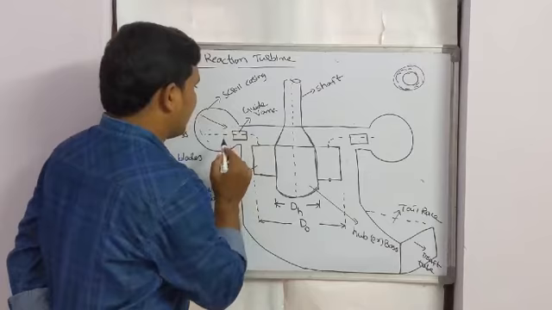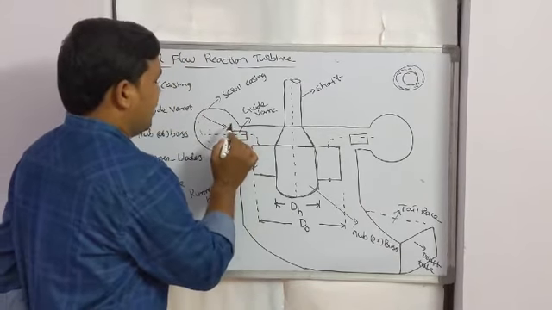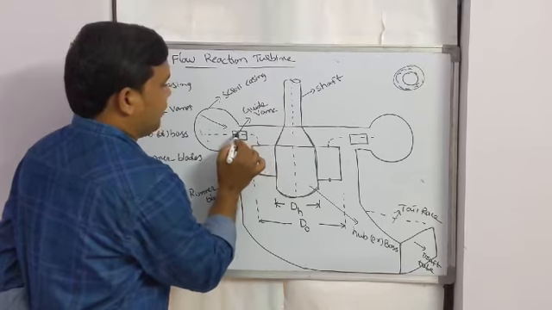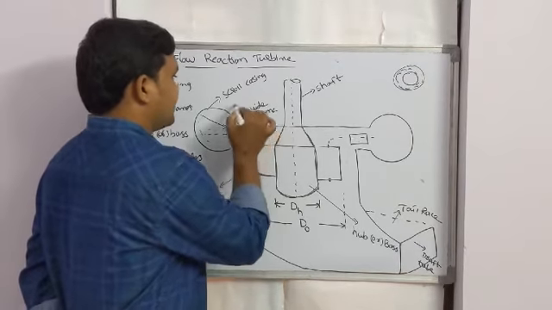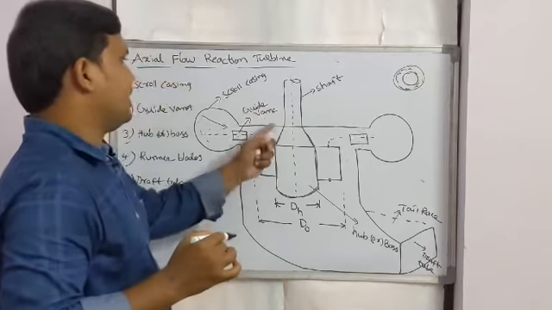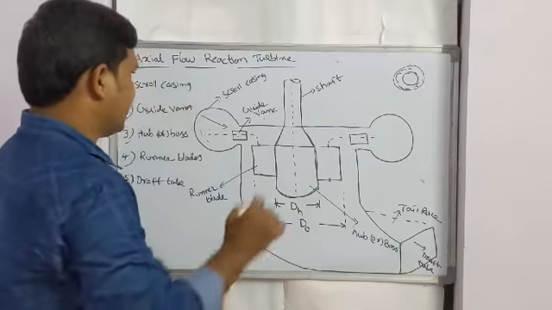These guide vanes are used to control the flow of the water or the flow angle of the water. So this is very important. This guide vane is very important. Without the guide vane mechanism, there is no power developed in the turbine.